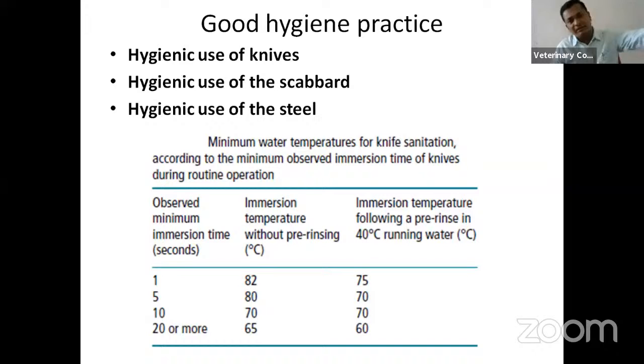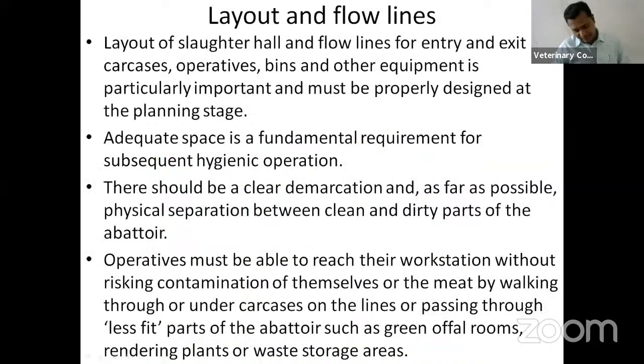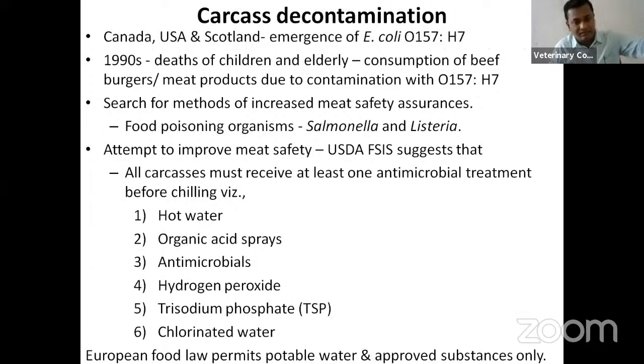In spite of all these things, ideally speaking there should not be any contamination, but at some places it has occurred. Now we want to remove any contamination that has occurred on the carcass. This is known as the carcass decontamination process. In some countries it is permitted, in some countries it is not.